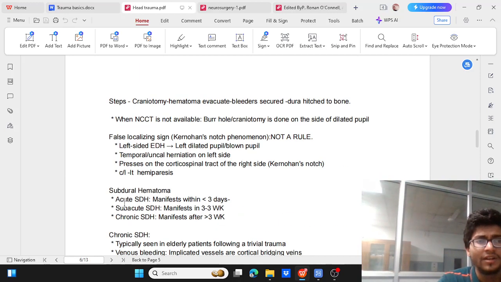So now we'll go through what are the steps of craniotomy. It will be interesting for you, that's why I'm telling. So here we open the scalp by incision, and then we do burr hole.